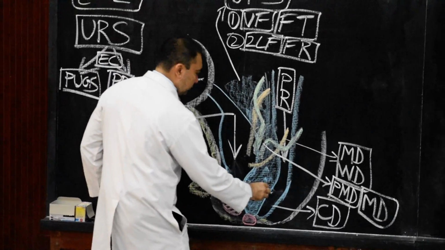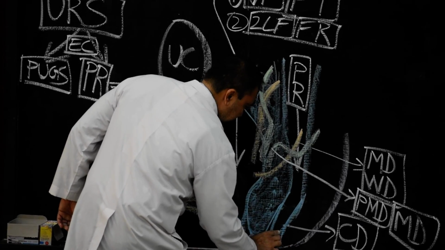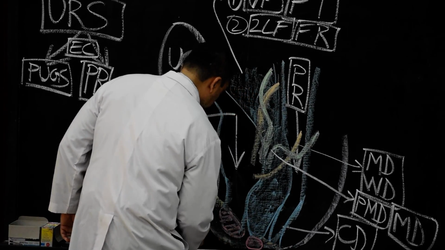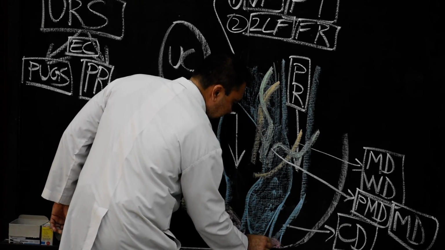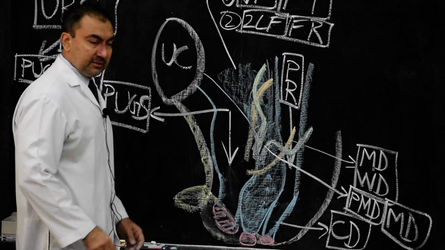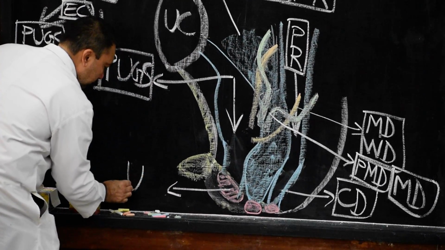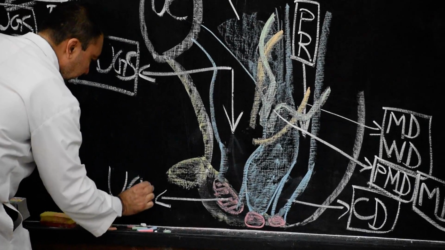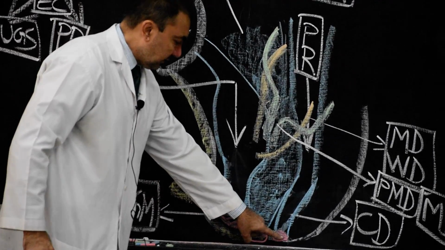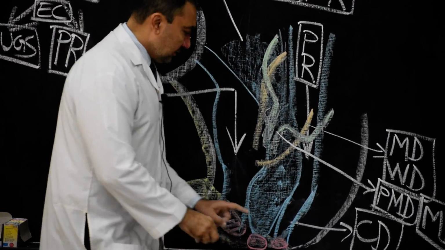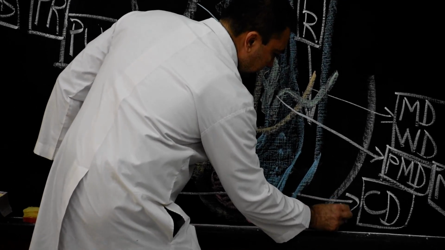Here we are going to show this orifice, the anal membrane. This is where we show the anal membrane. So now we will write this as urogenital membrane, and here this will be the anal membrane.